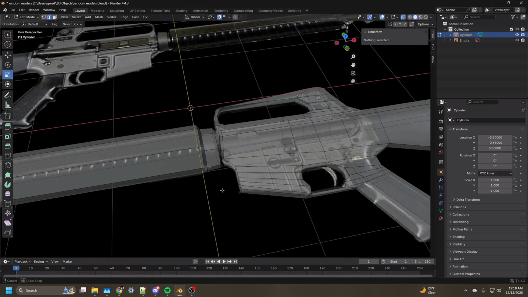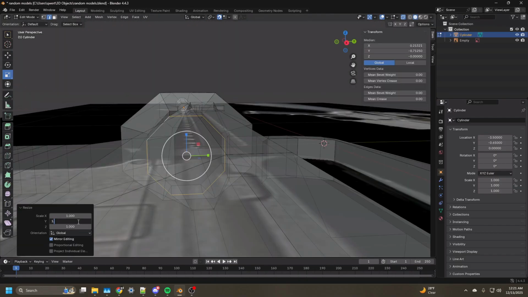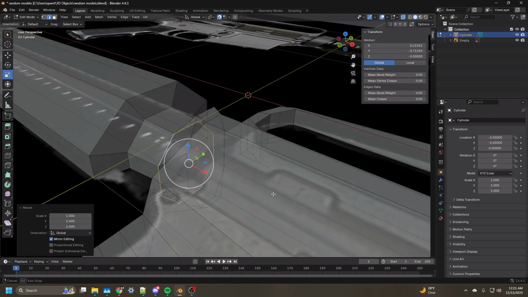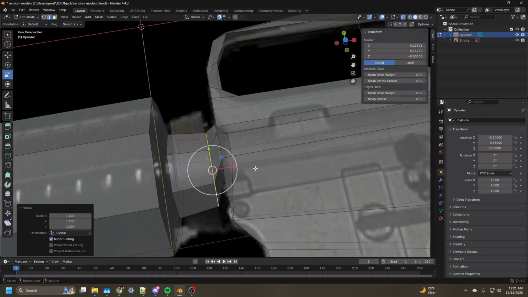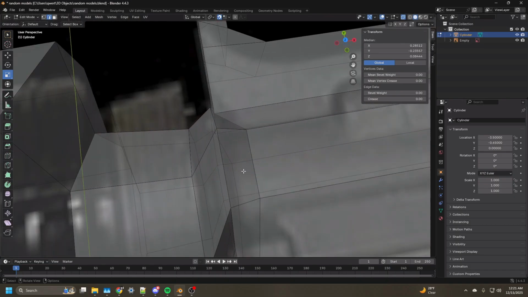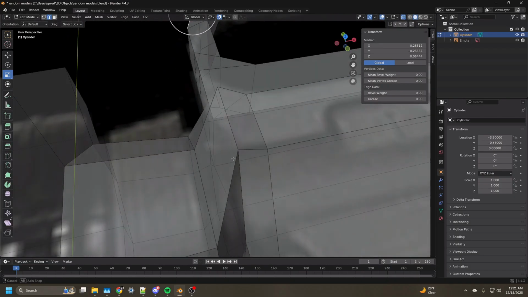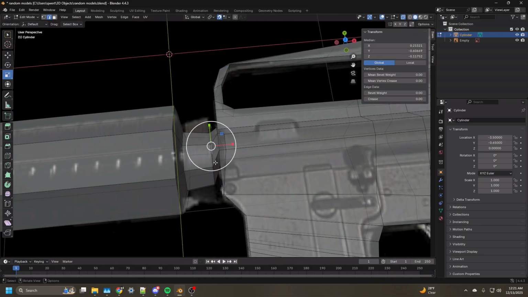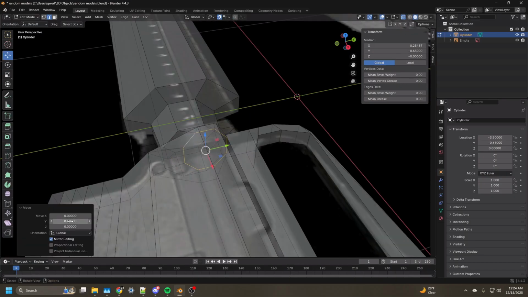I think that part is round. 1.6. Yes. And then there's some kerfuffle there. It's 0.5, right? It just doesn't. 0.45.